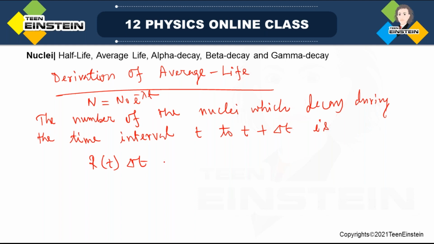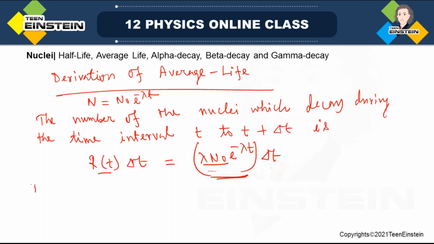This can be written as lambda N0, that is R0, e to the power minus lambda t, into delta t. So R of t is this term, and delta t is this.